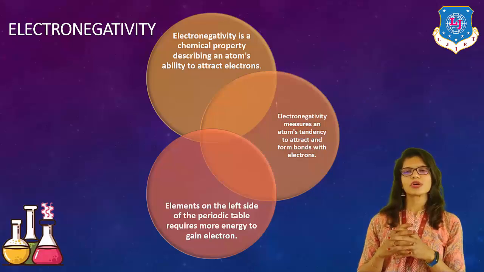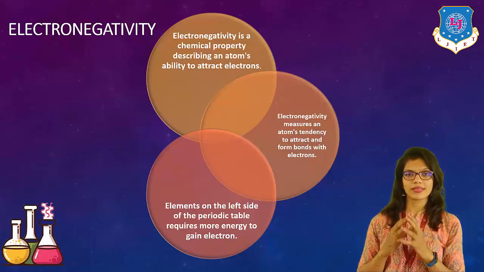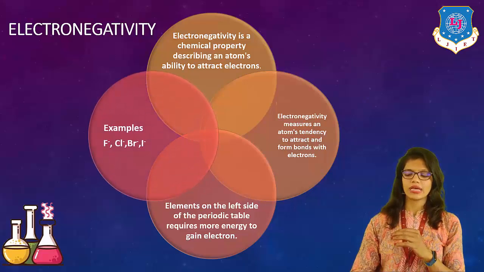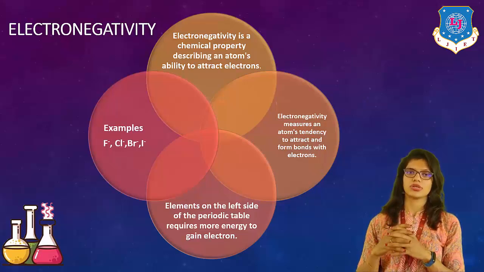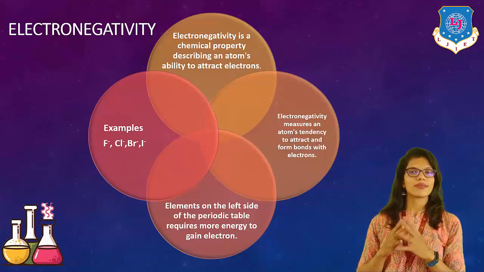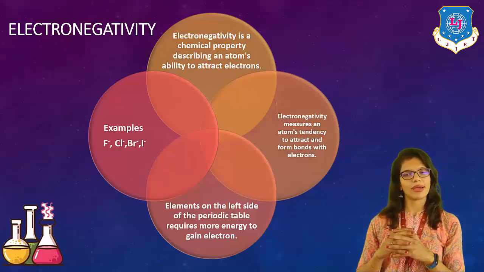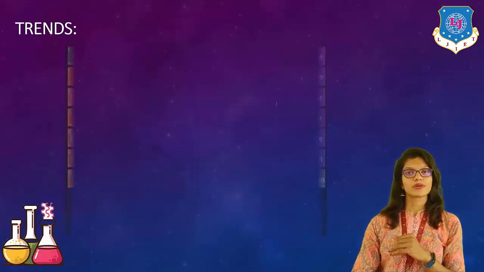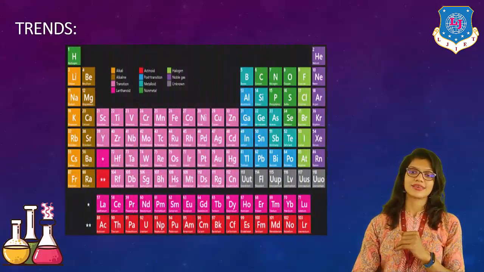Generally, it has been observed that the elements on the left side of the periodic table require more energy to gain the electron. This is a general observation. We can take a highly electronegative example as the halogen series, F, Cl, Br and I. Let's observe their trends.